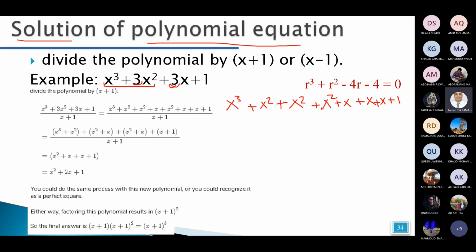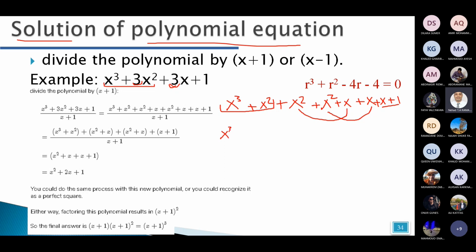Okay, now let's organize it. We will take each two together: this one with this one, this one with this one, and this two together. So let's organize it.